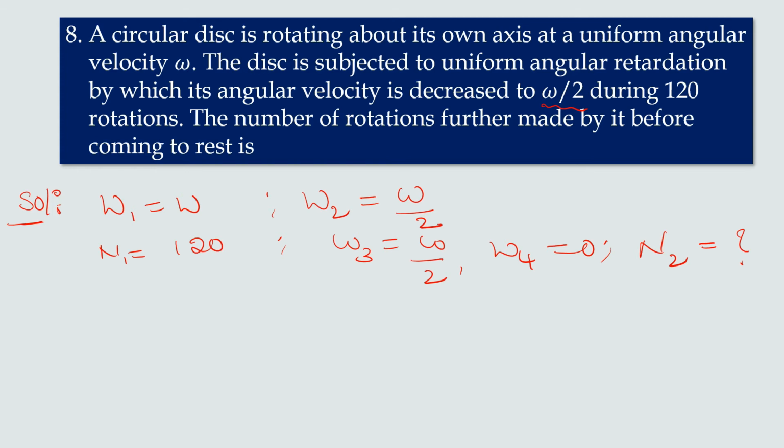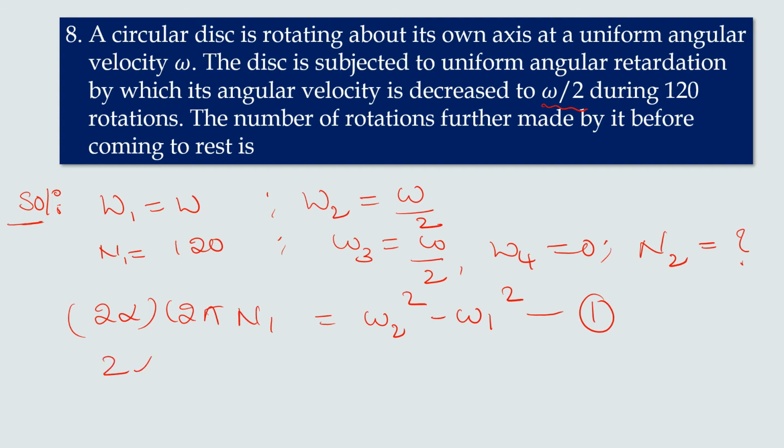Now first, 2 alpha into 2 pi n1 is equal to omega 2 square minus omega 1 square. Consider this as equation number 1. And the second equation is 2 alpha into 2 pi n2 is equal to omega 4 square minus omega 3 square.